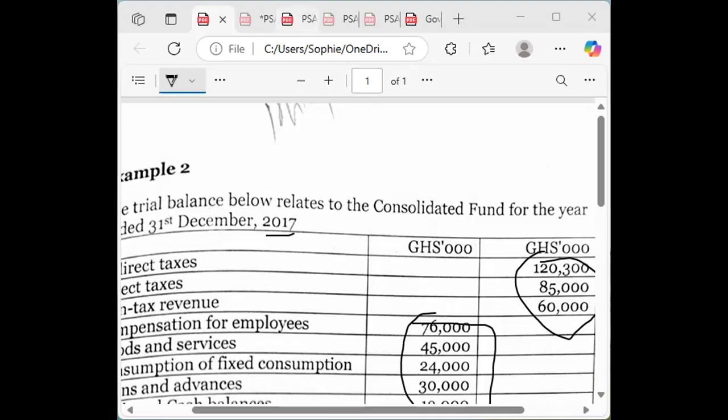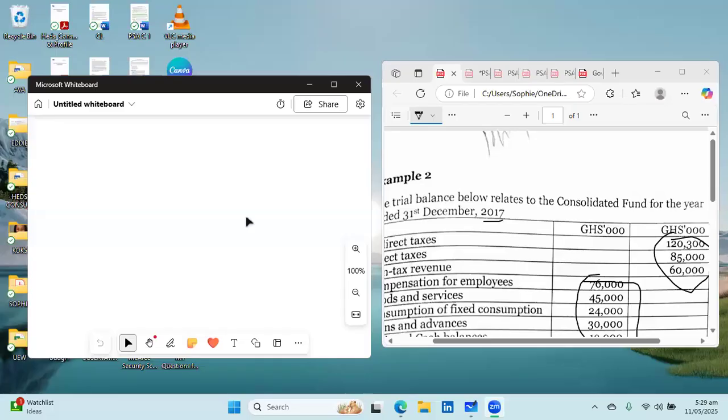Okay, let me. Can you now see two screens, the board and then the question? Yes, sir. Okay, all right.